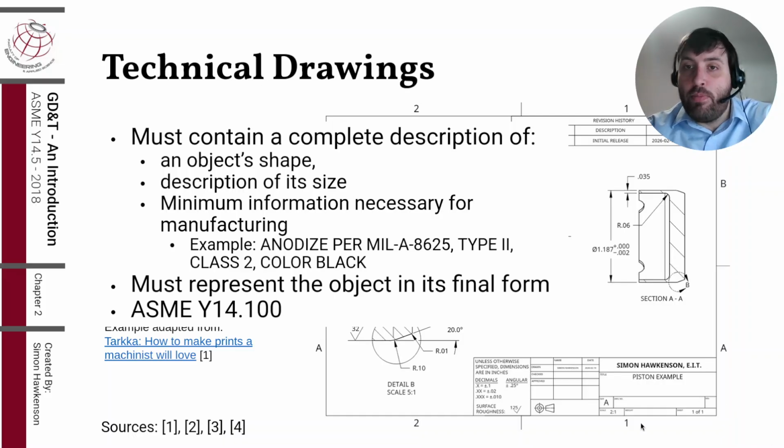I left a small example here of what you might see on the drawing, but all in all, in a nutshell, a technical drawing must represent the object in its final form. In general, the standard to follow, in North America at least, is usually ASME Y14.100. The standard serves as a guide for how technical drawings are to be structured, revised, and managed.